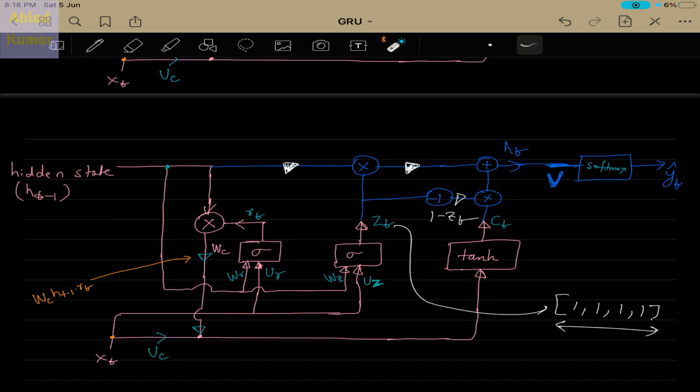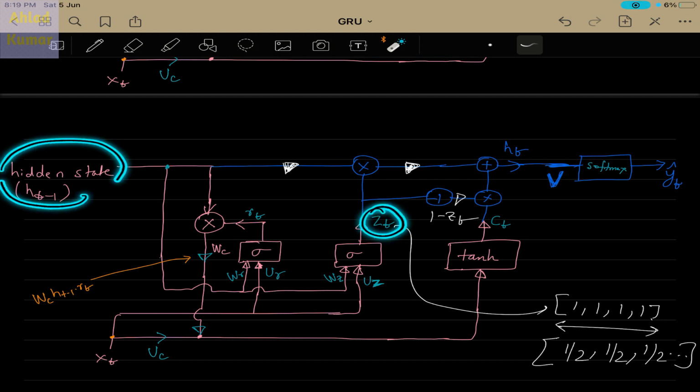If ZT is a vector which is, let us say, 1/2, 1/2, 1/2, something like this, then ZT will pass 50% of the information which is present in the hidden state to the next.